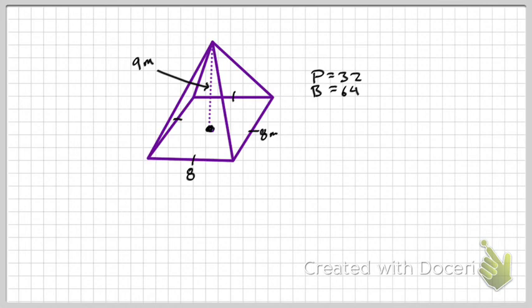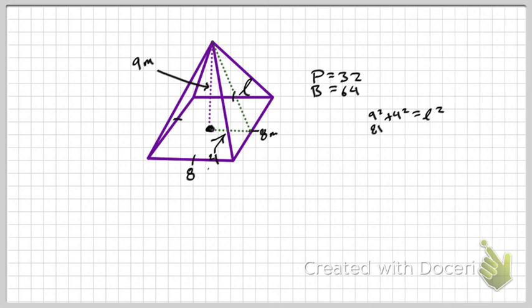To do that, I'm going to draw in a radius and a slant height. You need to remember that the distance from the center to the edge of the base is half a side length, so that side length right there is 4. Our slant height is the result of the Pythagorean theorem: 9 squared plus 4 squared equals L squared.